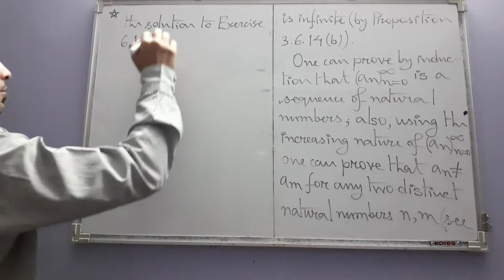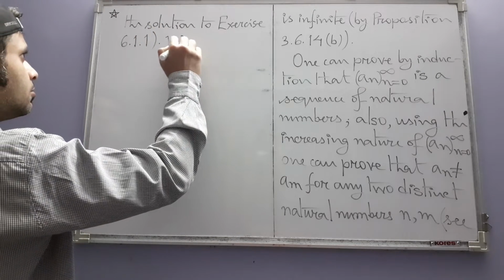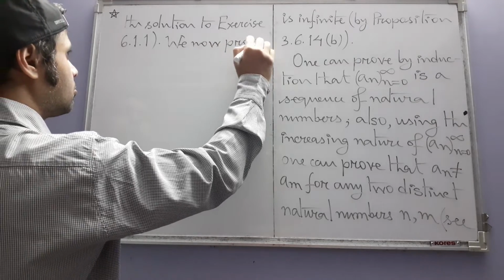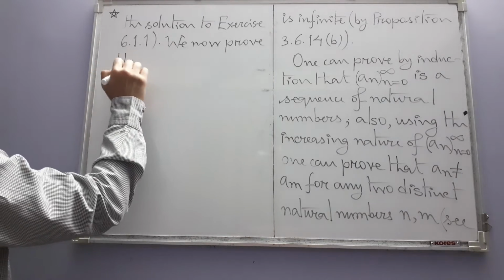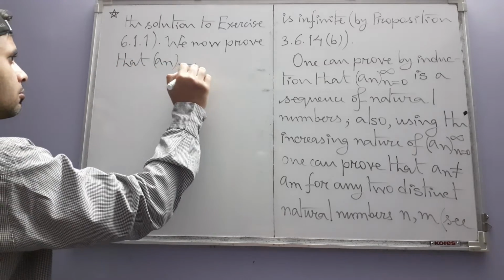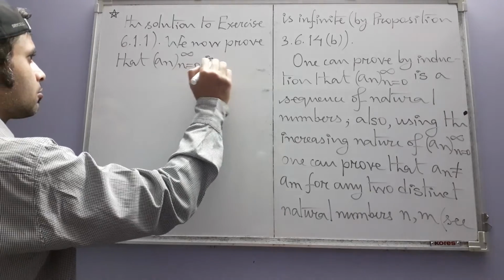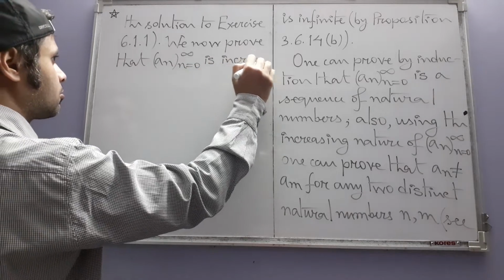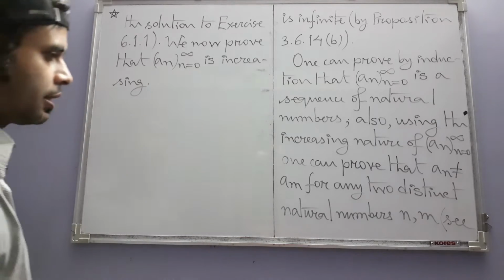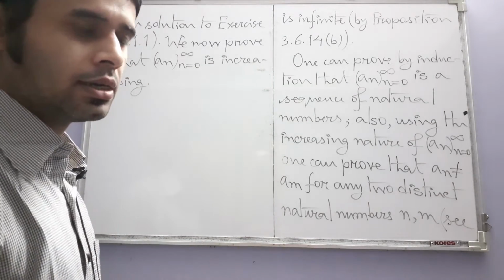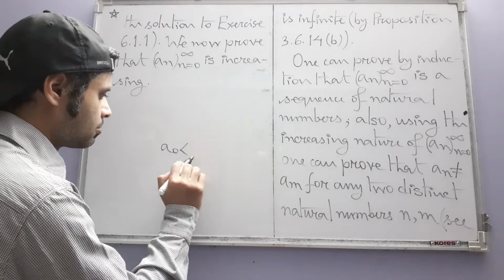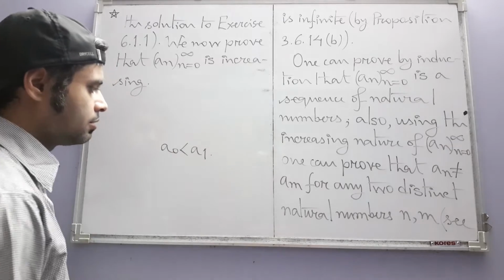Okay, we now prove that an is increasing, and this also we will prove by induction. So the first thing we need to prove is this: a0 is less than a1.